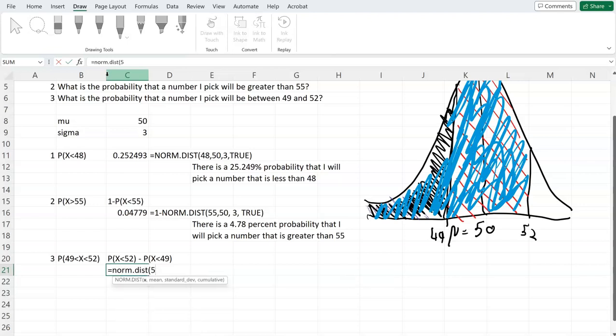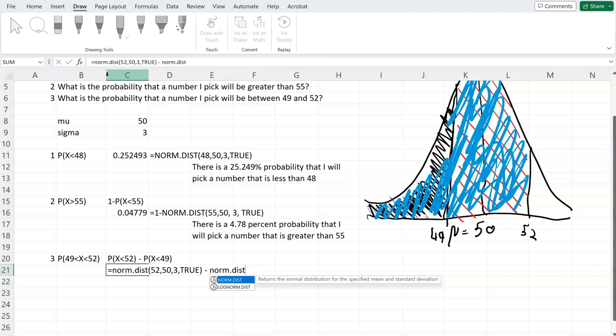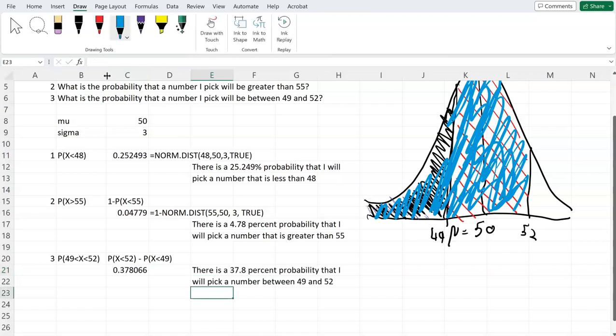X is going to be 52, the mean is 50, standard deviation is 3, and cumulative is true. And then I subtract norm.dist, 49, 50, 3, and true. And I get 0.378. So I can say that there is a 37.8% probability that I'll pick a number between 49 and 52.